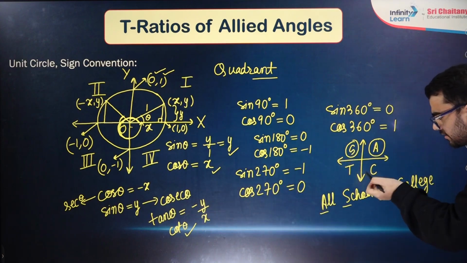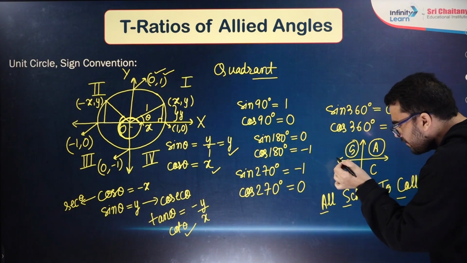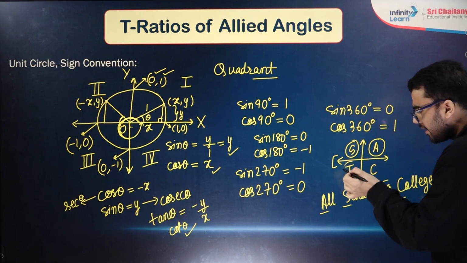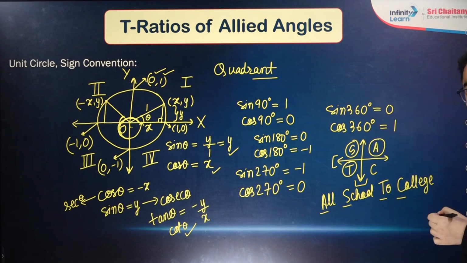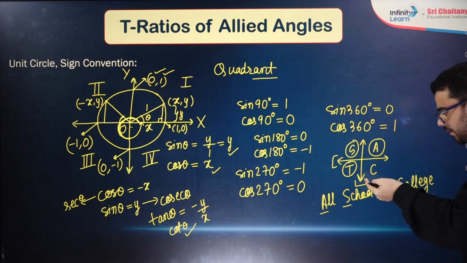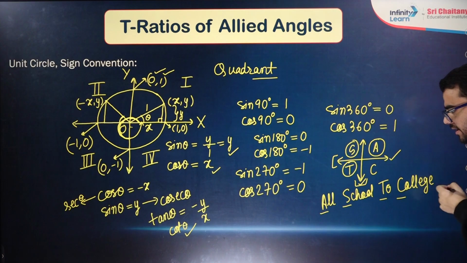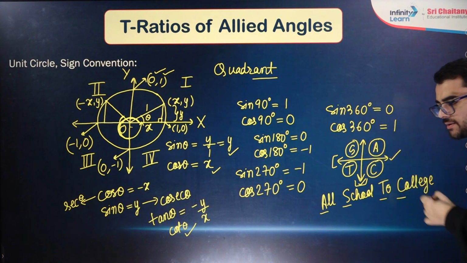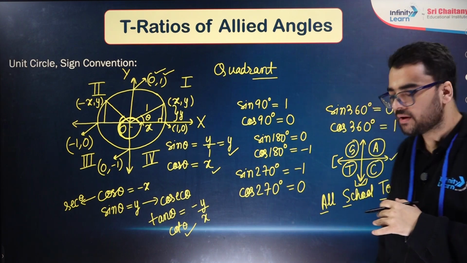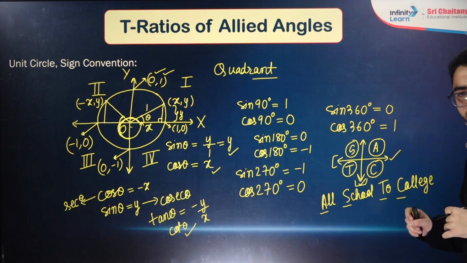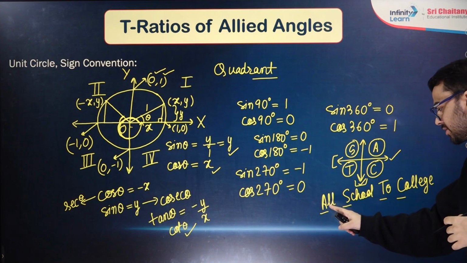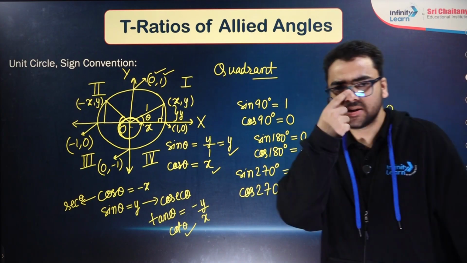And when the angle is in the third quadrant, between 180 and 270 degrees, then T for tan and its reciprocal cot will be positive, and all other trigonometric ratios will be negative. And when the angle is in the fourth quadrant between 270 and 360 degrees, then C for cos and its reciprocal sec will be positive, and all other trigonometric ratios will be negative. So ASTC rule. All sugar to coffee, whatever it is, I don't remember that, I just remember all school to college. So this is very important.